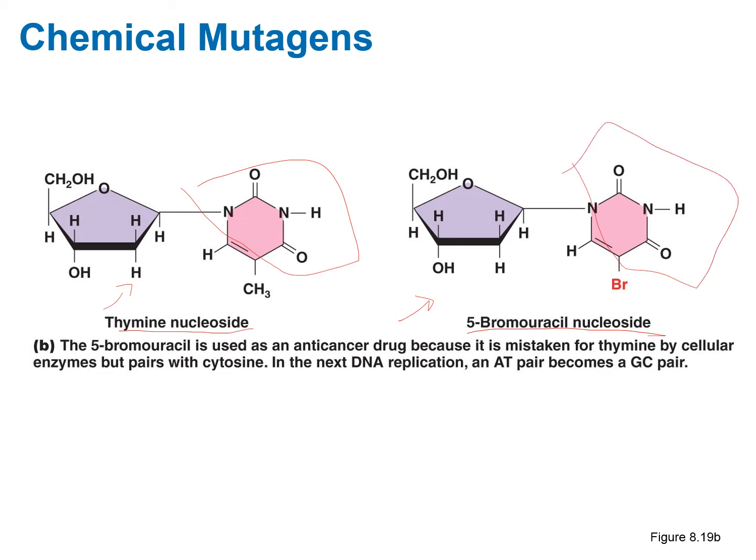The only difference is this bromine here. The presence of this bromine changes how this nucleoside will base pair, so that instead of base pairing with adenine, it's going to pair with cytosine. So again, an AT base pair will get changed to a CG.